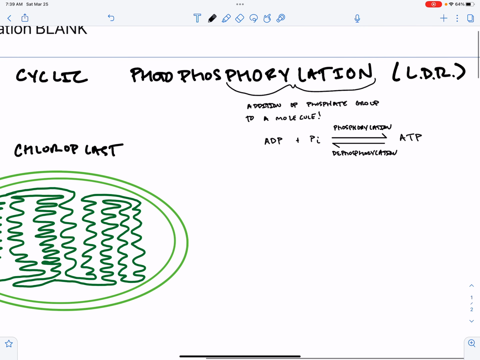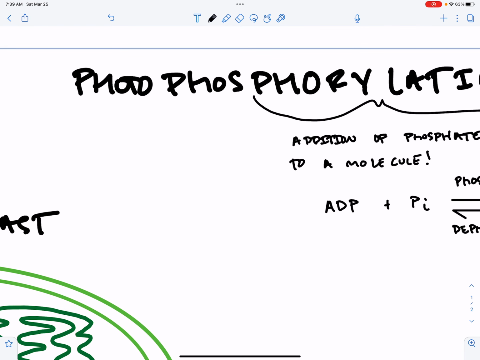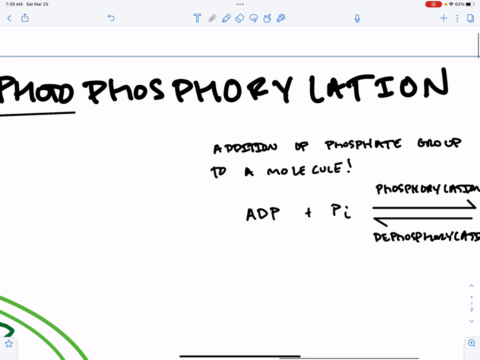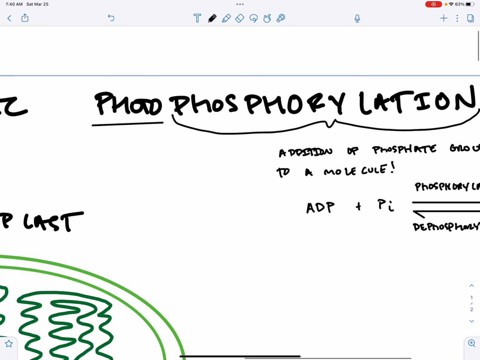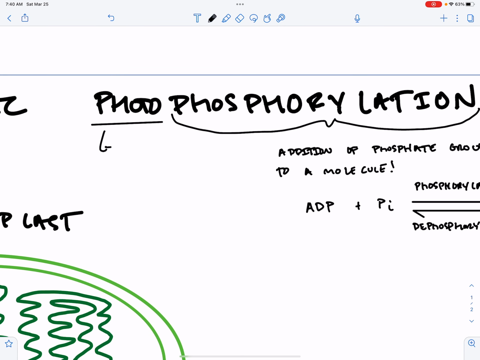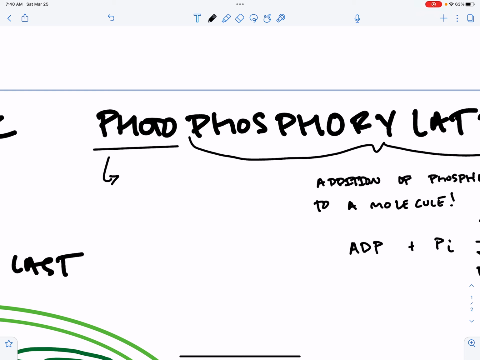So, photophosphorylation is just a fancy way of saying, oh, whoops, these curly braces are not long enough. I forgot the phos part of phosphorylation. Ooh, phosphorylation. The photo part just means doing this with light.